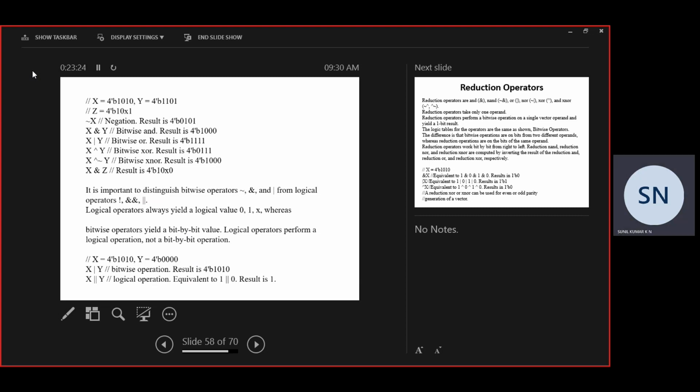So X and Y, it is going to perform AND, and what is the result? From LSB 0 to MSB, it is going to perform bitwise AND and provide the corresponding result. So these are the four different types.